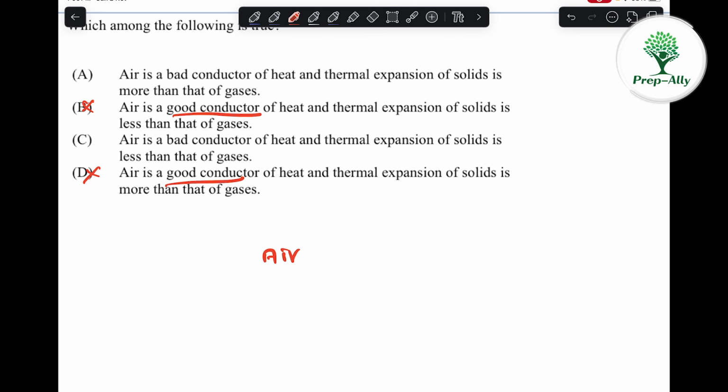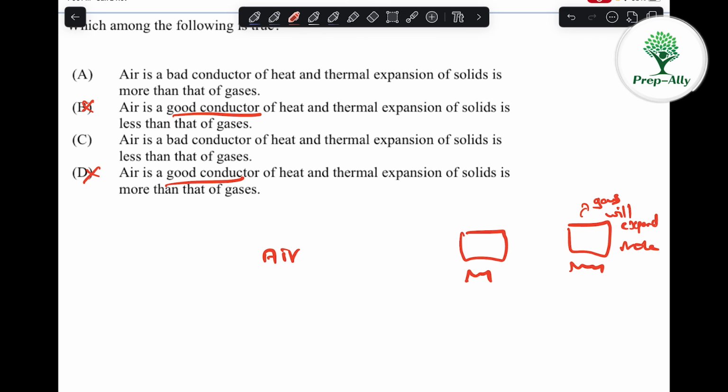And the thermal expansion, which means I'm heating a solid and I'm heating a gas, which will expand more? Obviously, gas will expand more, right? So gas expansion will be more, or you can say solid expansion will be less than that of gas. So the answer is going to be C, direct answer.